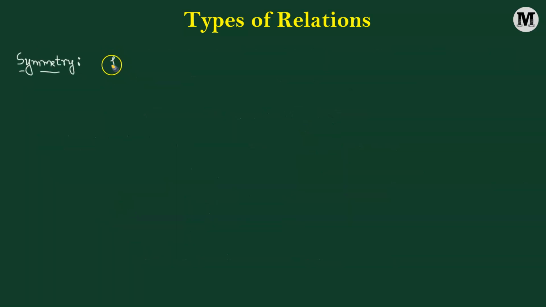Now, to check for symmetry, we're going to pick up two elements. Let's say we pick the elements A and B from the set A such that the ordered pair (A, B) belongs to R intersection S. So we're considering that we have an element (A, B) picked up from the intersection of the relation R with the relation S. Then what does it mean?